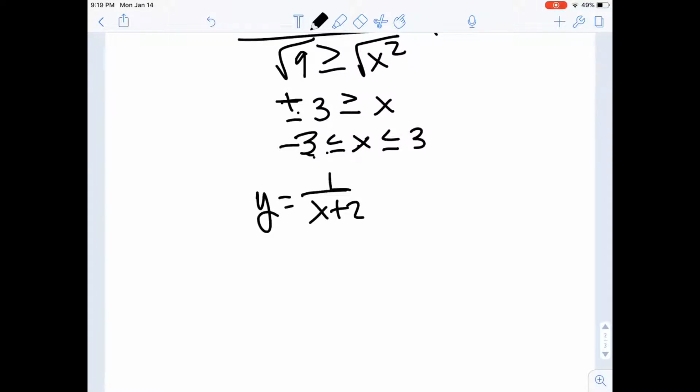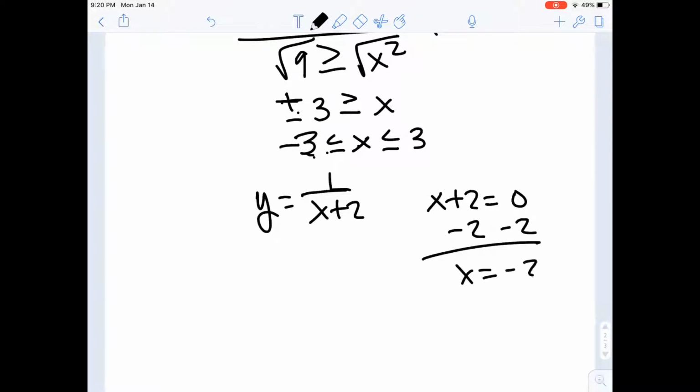How you find the domain, especially when you have what's called a rational expression, because it's a fraction, is that you can't have 0 in the denominator. So you just set the bottom of the fraction equal to 0. You say x plus 2 equals 0. Solving for x, you subtract 2 from both sides, and you get x equals negative 2.